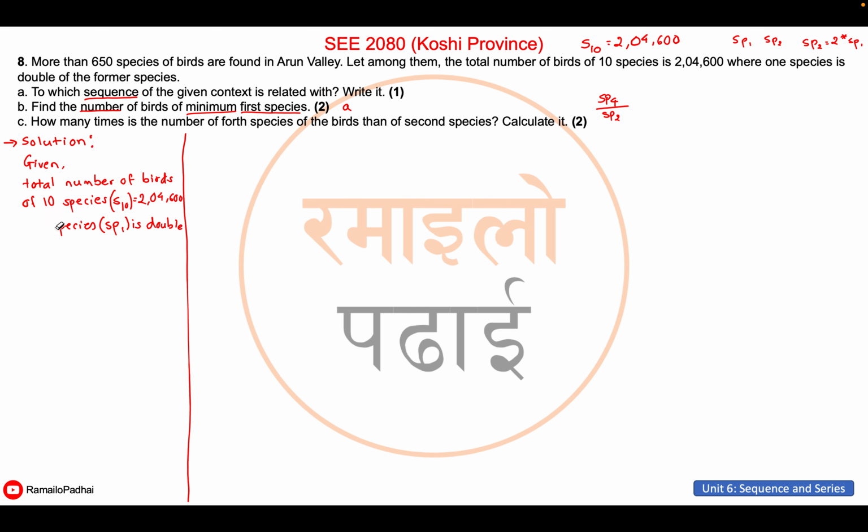However, it is saying that species 2 is double the first species, so let's not write the number of species. We will write what is mentioned: one species is double of the former species. So this is given to us in the question.